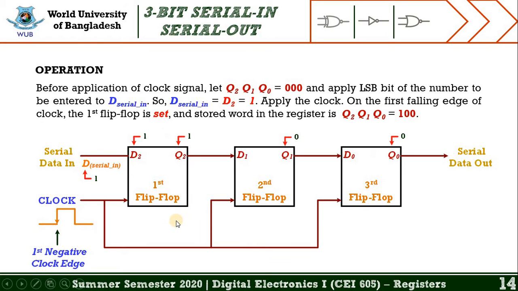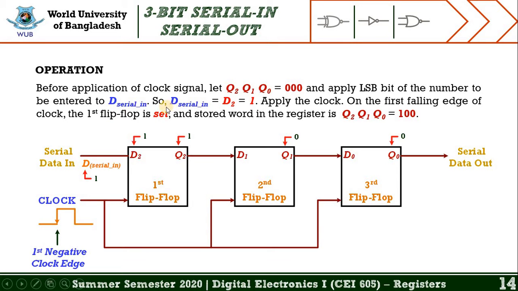This slide represents the operation of the 3-bit serial in serial out register. So let's begin. Before application of the clock signal, let the value of Q2, Q1 and Q0 be 0, 0, 0, and apply the LSB of the number to be entered to D serial in.